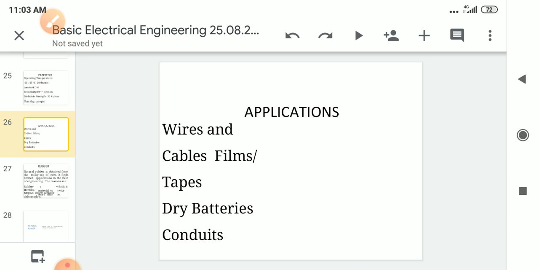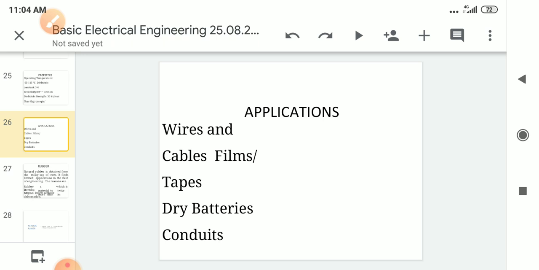So up to now we have studied the solid insulating materials: impregnated paper, asbestos, mica and its products, ceramic materials, glass insulating materials. After that, resins or plastics, natural plastic and synthetic plastic. This synthetic plastic is also of two types, one is thermosetting and one is thermoplastic.